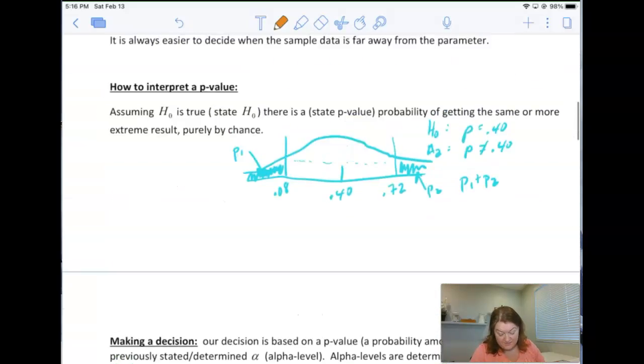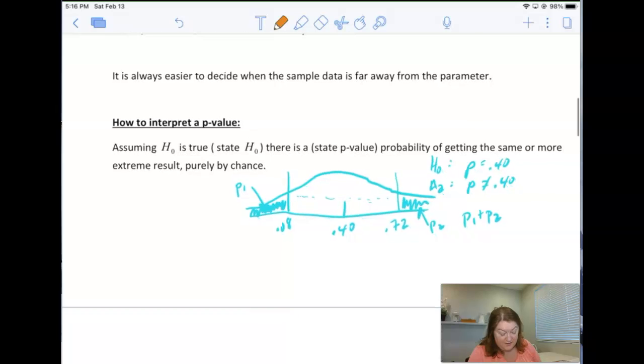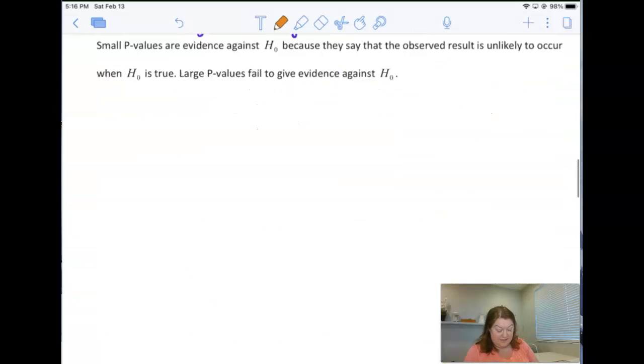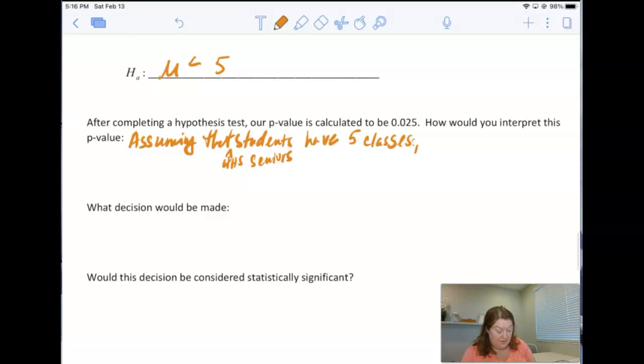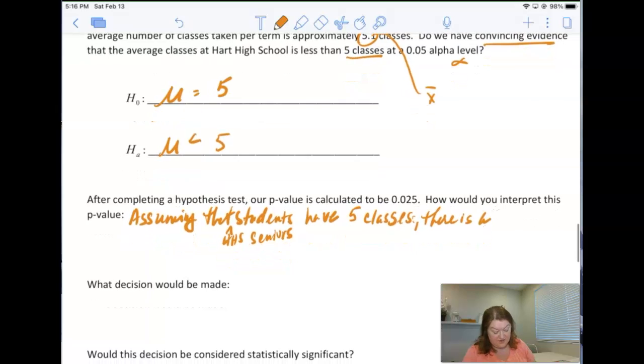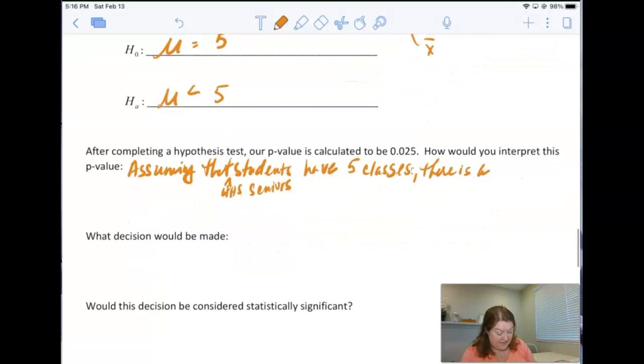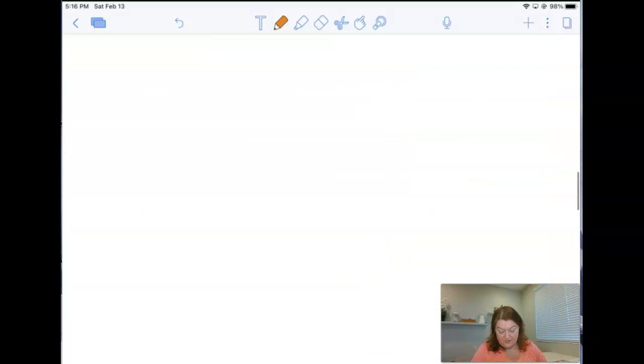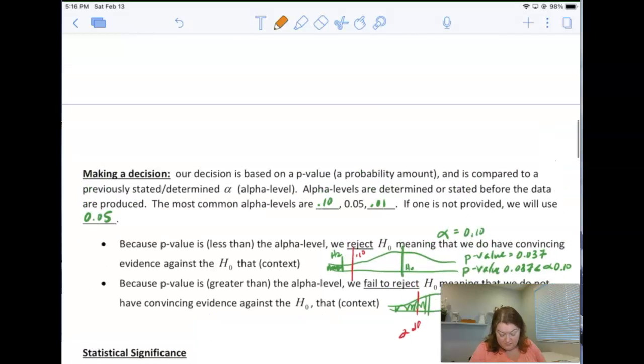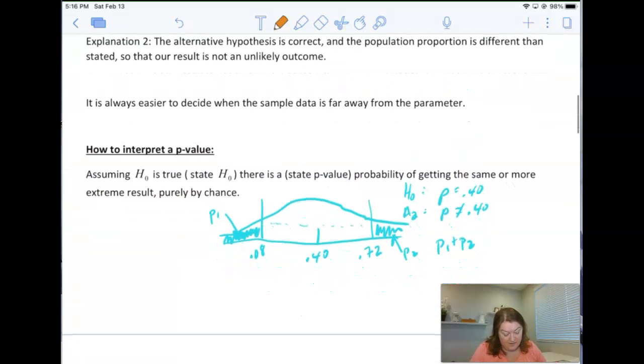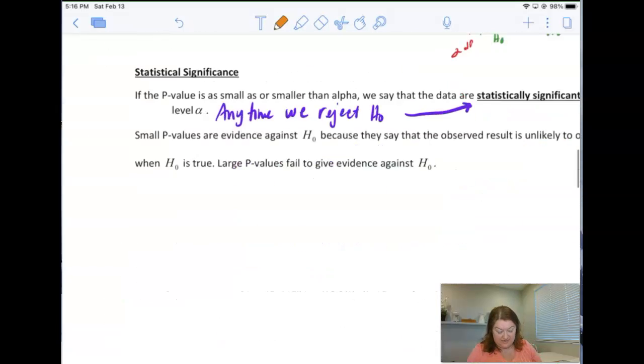Then we're going to look at the next part. It says, assuming that that's true, there is a blank probability. What was our probability that they gave us? 0.025. There is a 0.025 probability that, okay, back up to the top where we're describing it, of getting the same or more extreme result purely by chance.